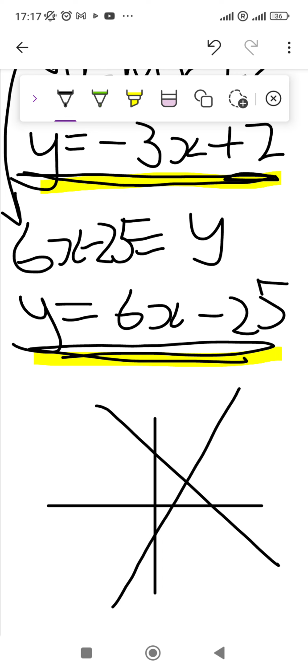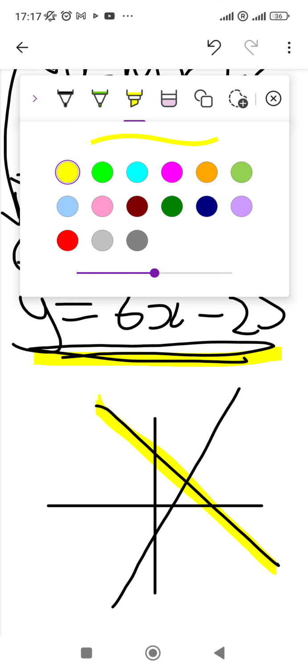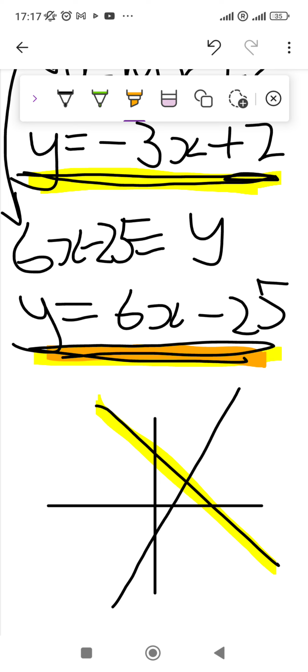So we have these two lines, the one function, which is our first one, this one over here, and then let's put the other one in another color. Let's go with orange. The second one over here is represented by that line. So the picture is you have these two functions. Both of your equations that were given to you in the question are functions, and they maybe look like that.